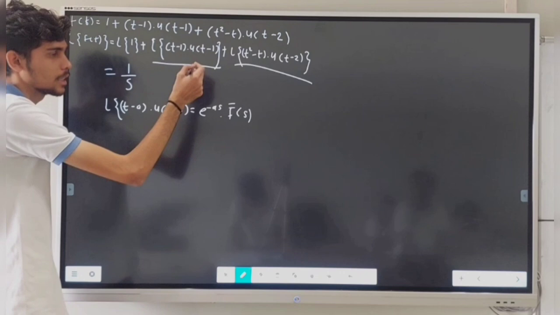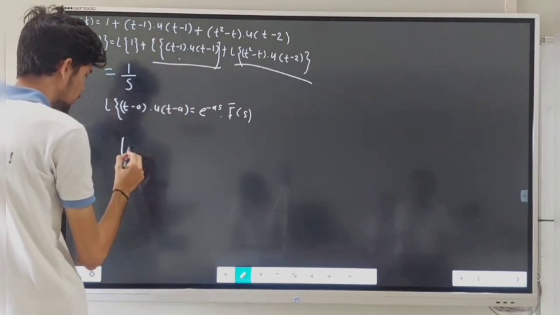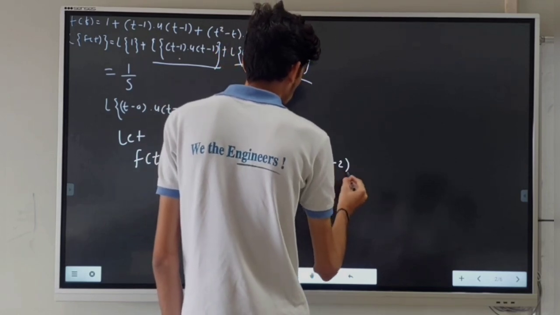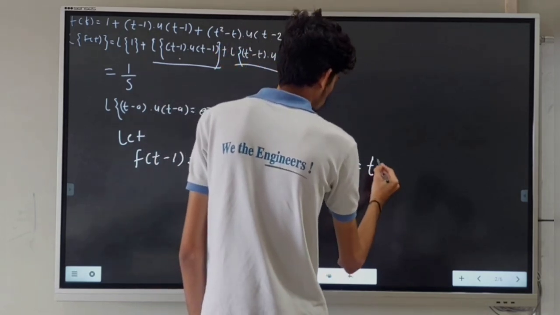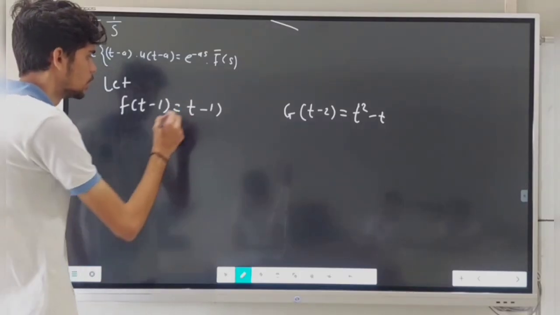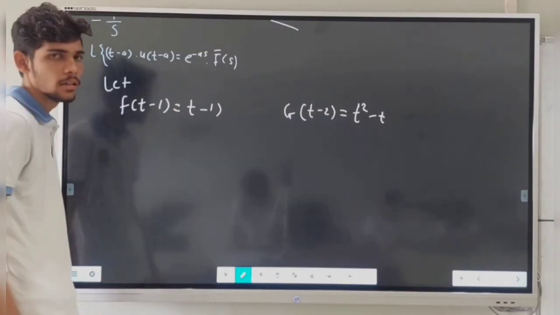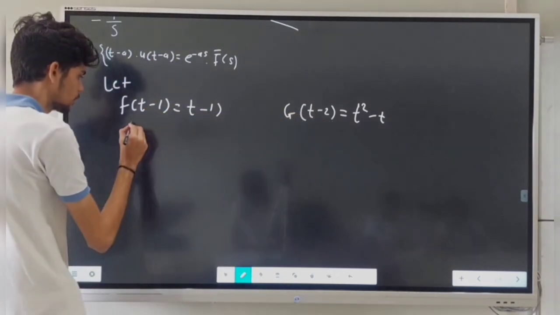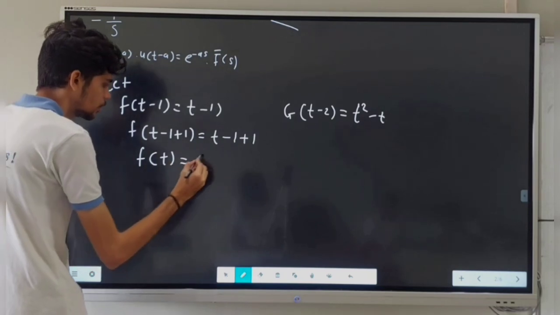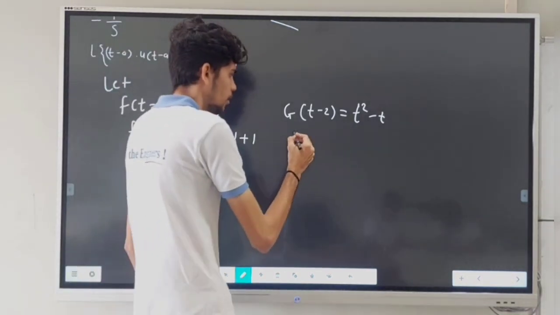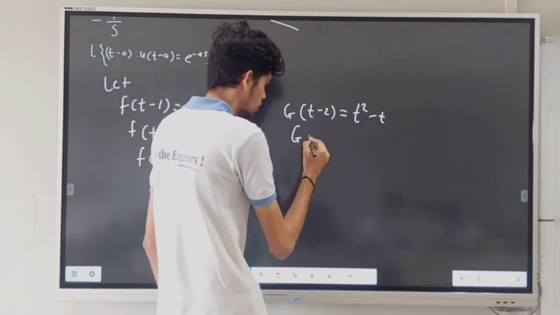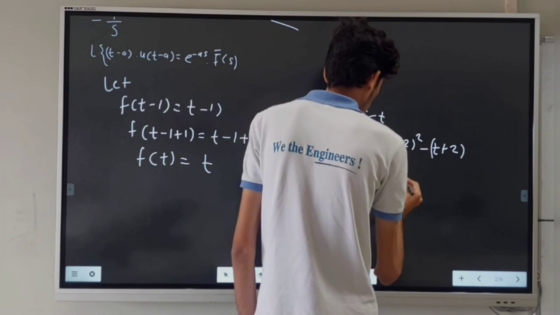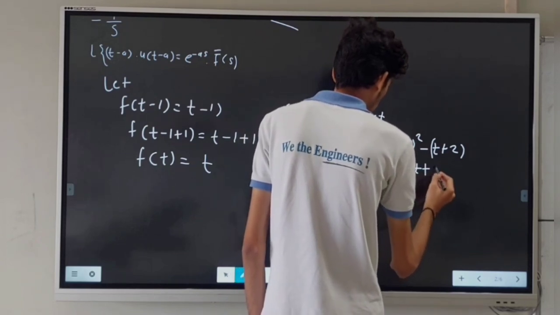For the first, consider g of t minus 2 and t square minus t minus 1. To get f of t, we have to adjust by adding 1 here and adding 2 here. We get f of t equal to t, and here we have to adjust plus 2, giving t square plus 3t plus 2.